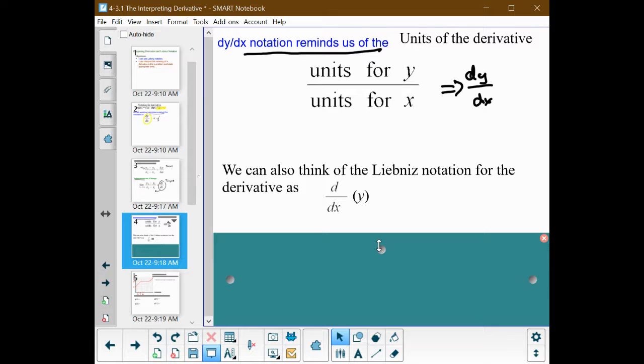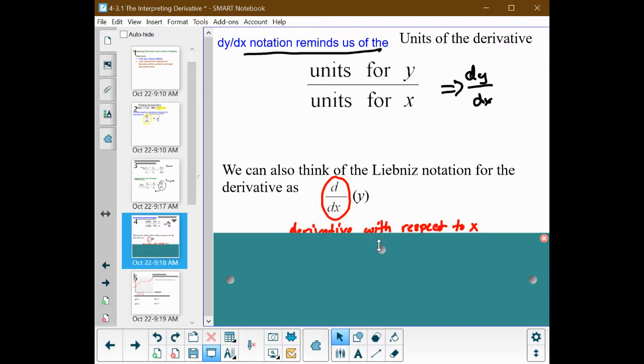If we separate our notation for Leibniz notation, we can also think of it a little bit differently. What Leibniz notation can represent is: this part right here stands for the derivative with respect to x.